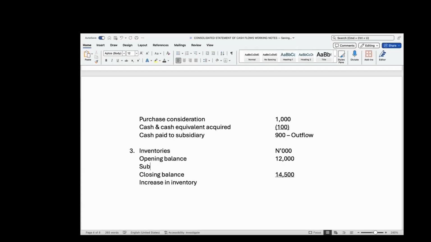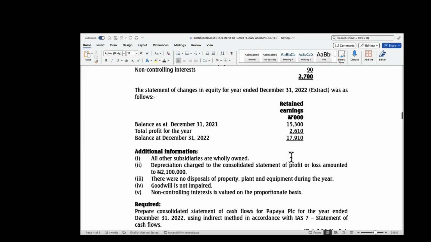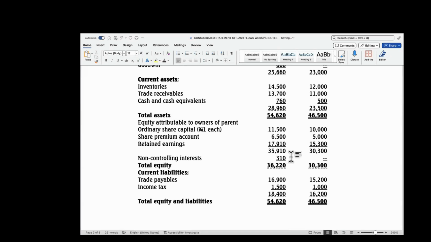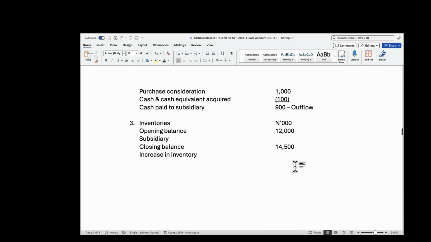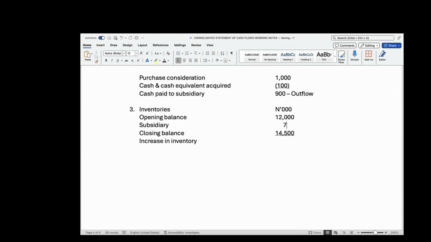We need to be careful so that we don't forget the subsidiary. There was a subsidiary inventory of 700 that will have been included. So our expected closing balance is actually 12,700.